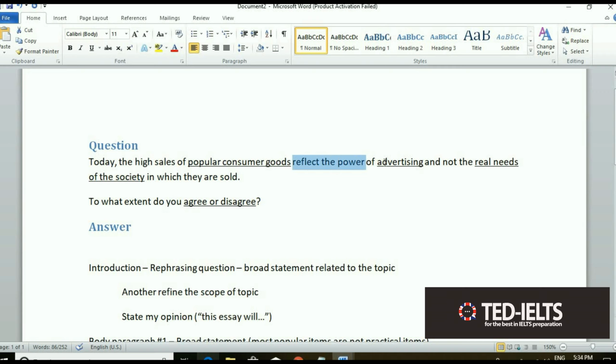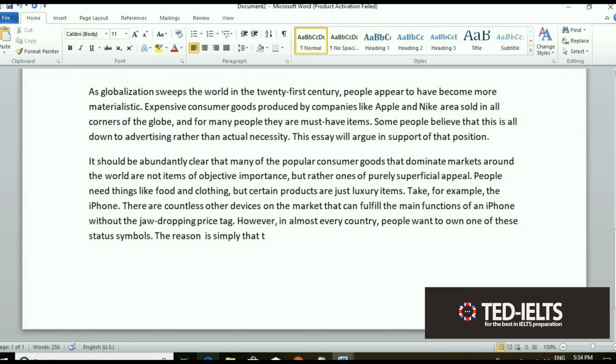The reason is simply that it has been marketed well. Marketed means advertised. And owning one makes a person look successful and wealthy.